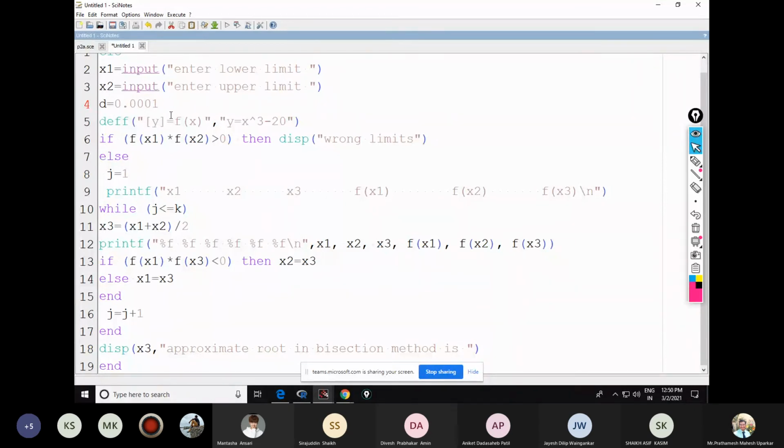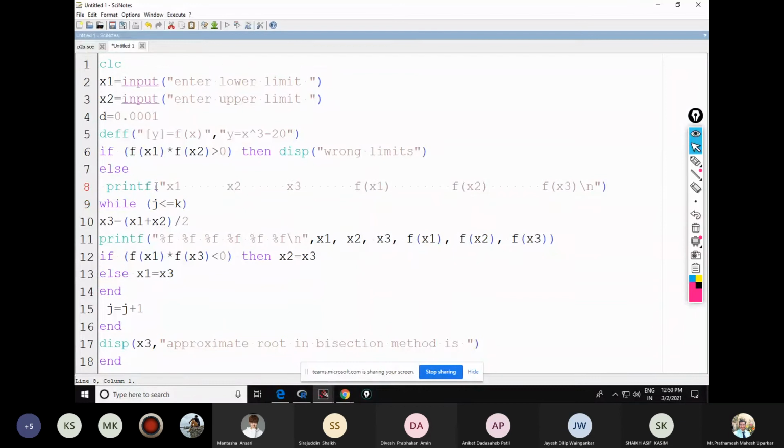Now let us apply for the same function. Okay, I don't require this particular phenomena. Why am I not requiring this? Because what I have to do now is match with d.